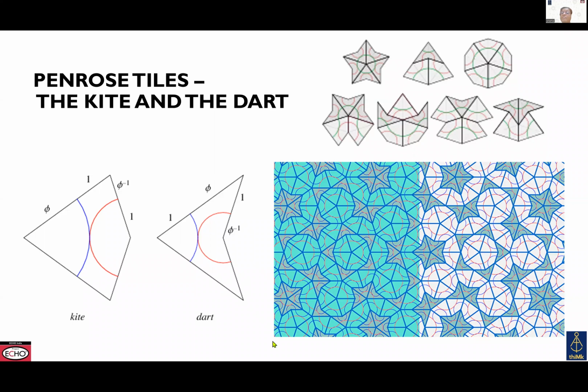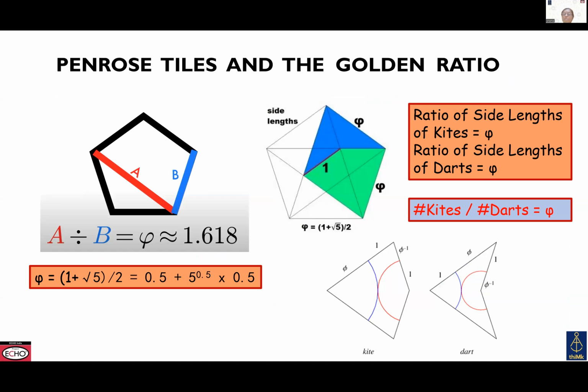And the different ways in which the kite and the dart can be placed together is seen on the top. And they form contiguous curves, and the pattern never repeats in whatever direction you go or look at them. And so this is some intuition as to why these tiles form this infinite non-repeating pattern.